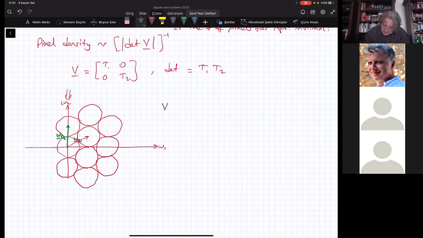Let's say that it's W. This W matrix is the periodicity matrix in the Fourier domain, consisting of omega S1 vector and omega S2 vector. What kind of a sampling matrix, or what sampling vectors, does it correspond to in the original time domain, in the V domain, in other words?